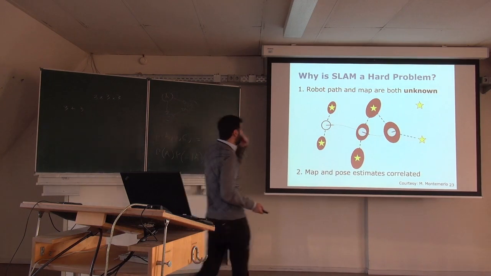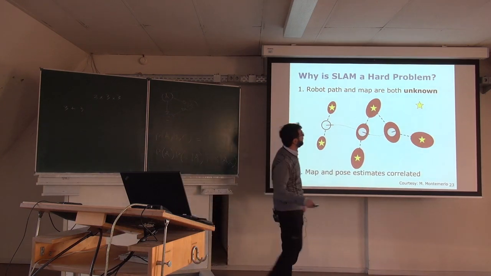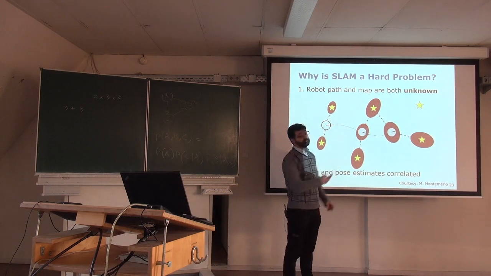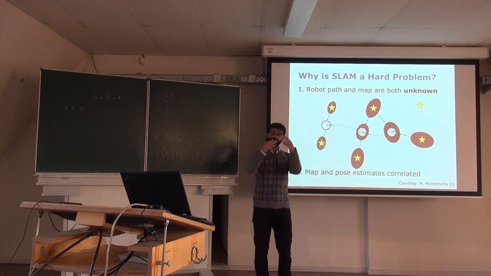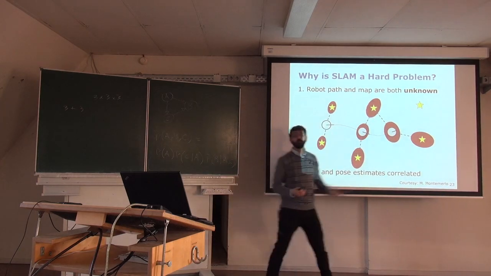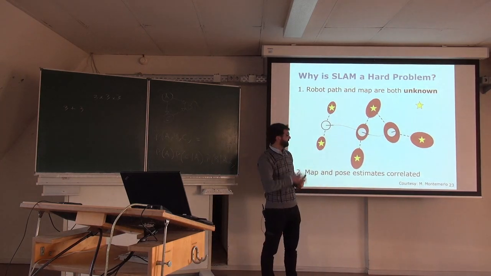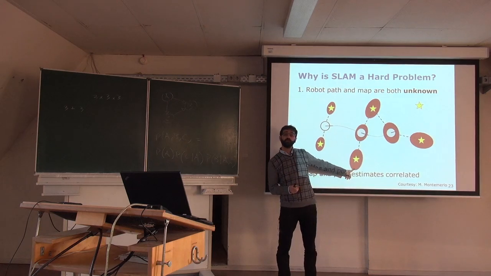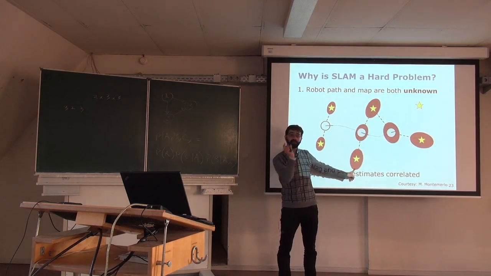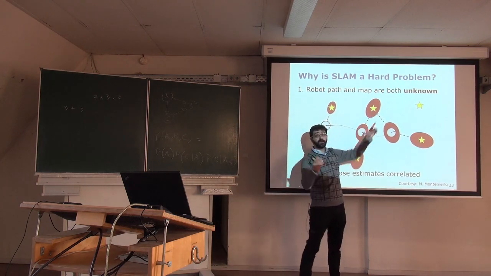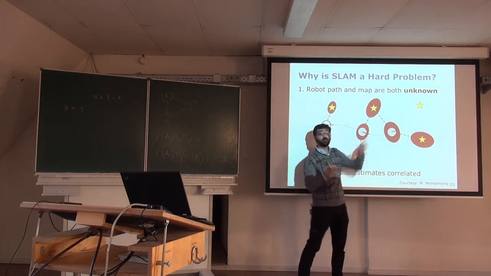You then go on, and what happens is that you get a measurement of the same landmark, and since you're observing the same one but from different sides, you can somehow shrink this and this and this. So what happens here is, and that's also a matter of the correlation, that the uncertainty of this landmark got also smaller. And that's because everything is connected. By observing this landmark here twice, I know that the uncertainty of this landmark is smaller.